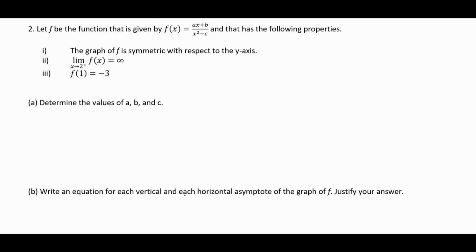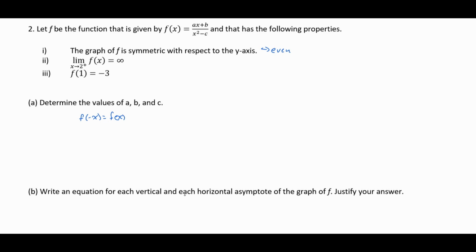Okay? All right, so the first piece of information is that the graph is symmetric with respect to the y-axis. So that means that this is even. And with even functions, we know that f of -x equals f of x. So we want to be able to get back to the same thing.